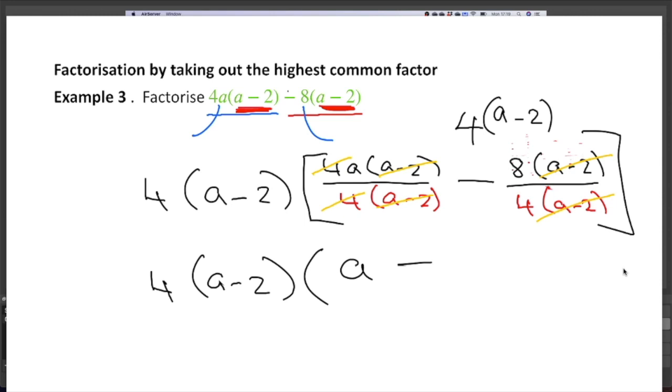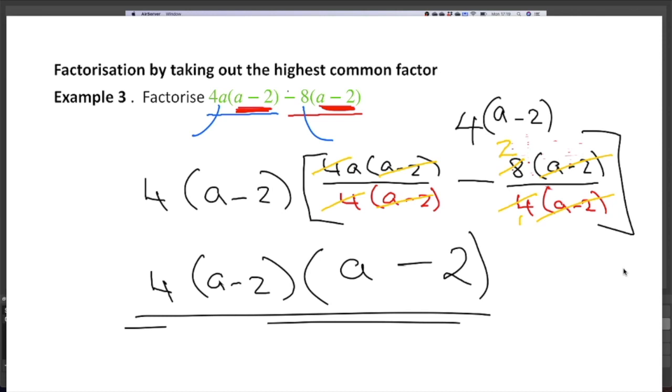And then 8 divided by 4 will give us 2. So that will be your answer. This is your answer. In this particular example, we have 3 factors. 4 is the one factor, a minus 2 and a minus 2 are the other factors. And that's it.